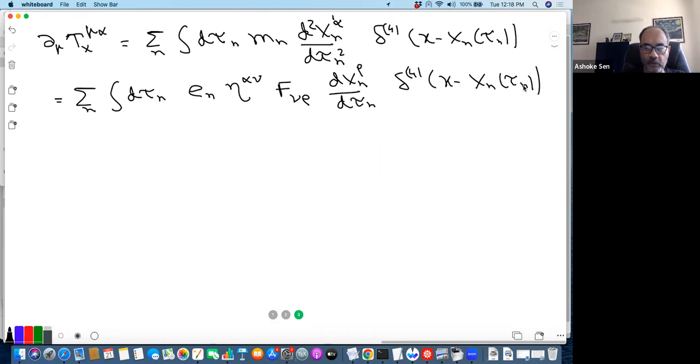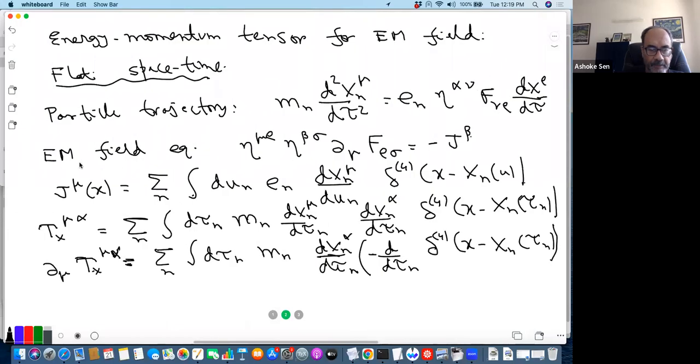And now what we are going to do is to rewrite this in terms of the current. So let me show what we had for the expression for the current. Remember that there is an expression for the current which is given by this e_n dx_n^mu/d tau_n times delta^4. So using this, we can substitute part of the result that we got in terms of this current J^mu.